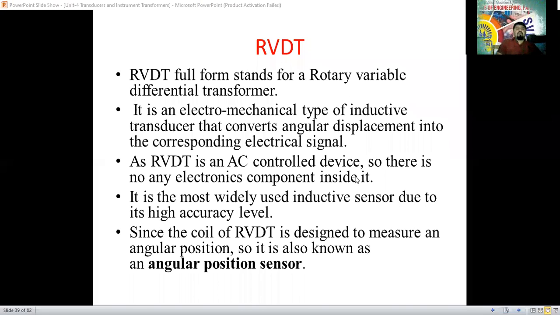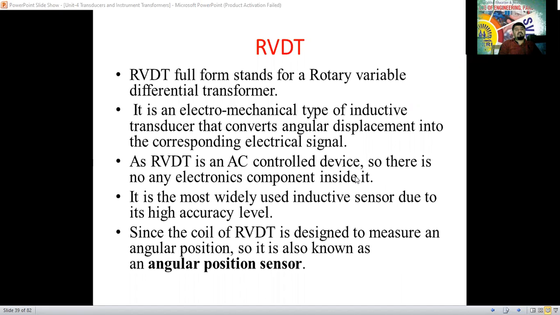The RVDT stands for rotary variable differential transformer. Based on whatever rotation there is, we call it the rotary variable differential transformer. It is an electromechanical type: we give an electrical supply, like a motor, and it operates based on the rotation.